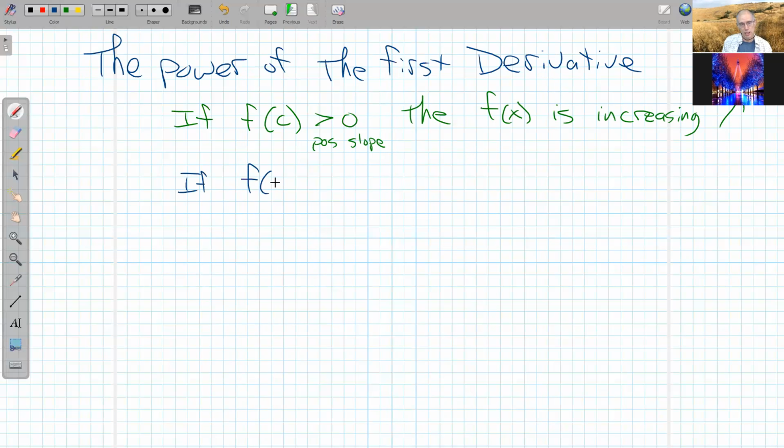If f prime of c, right, so some value we plug in for x, oops, sorry, this has to be the derivative, f prime, is negative, slope, then f of x, the function itself, is decreasing.